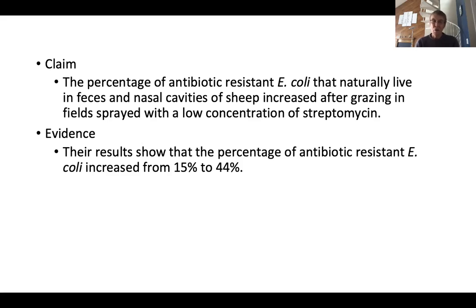I would comment that the evidence there is not quite specific enough. I would like them to say the results in Figure 2 show that the percentage of antibiotic-resistant E. coli in feces and nasal cavities of sheep increased in fields sprayed with low concentration from 15% to 44%.